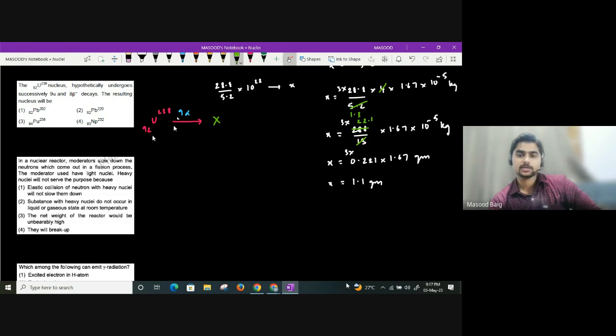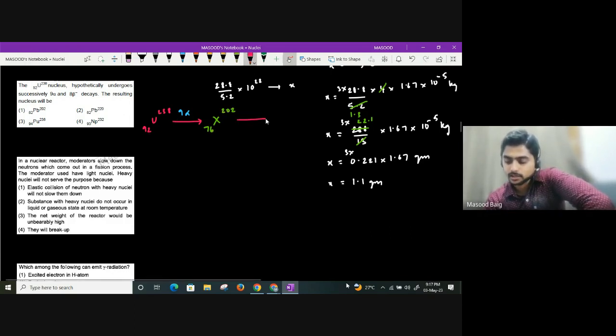So 92 minus 18, how much will I get it as, guys? Will you get it as 66? Sorry, 76? Yes or no? Right? And what will happen to mass number? Gets reduced by 4. So 9 4s 36 it will get reduced, guys. So I am going to get it as 202 or not.